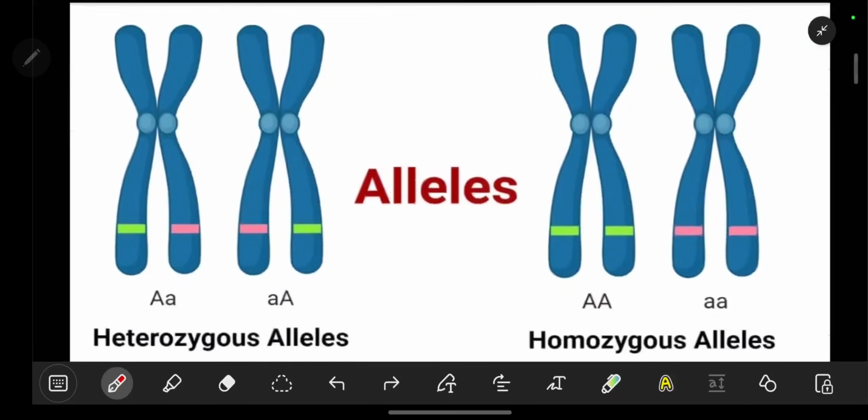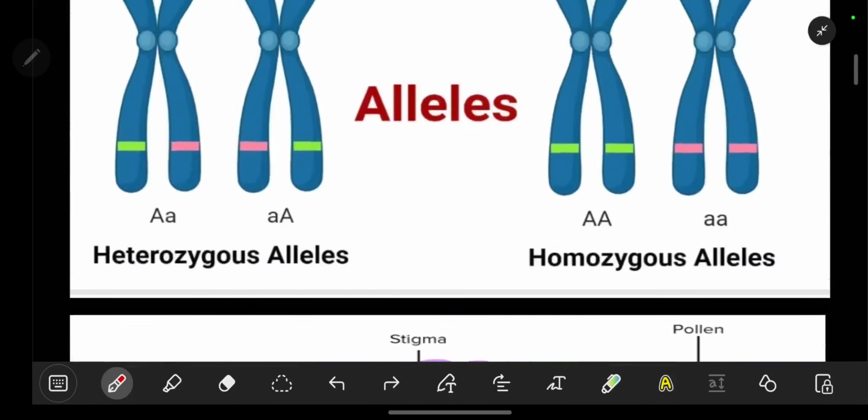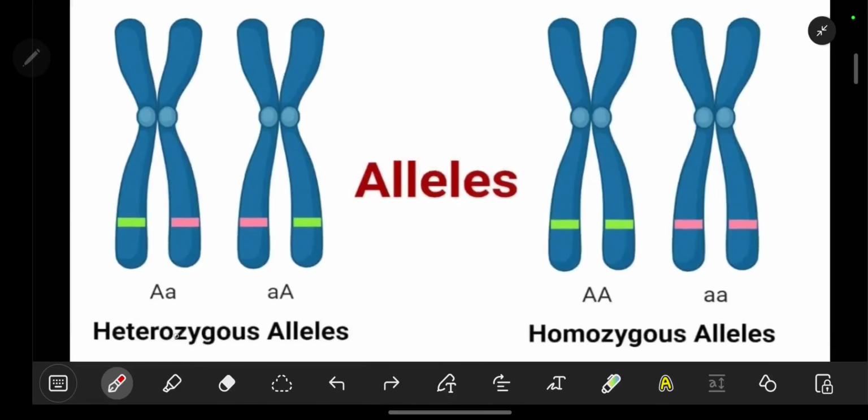Just one last term, we have the alleles. We might have heterozygous, which simply means the existence of two different paired alleles like that. So as you can see, even the color pink is different from the color green there. So this is what we are going to call heterozygous. It is made up of two different alleles.